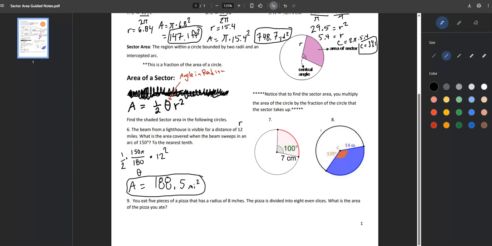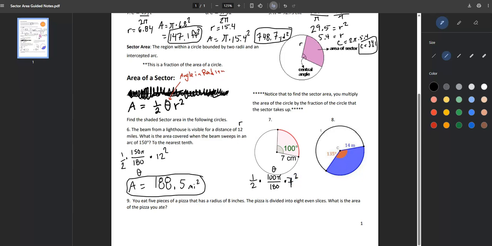Okay? All right, 7 and 8, they just give me the diagram. So I've got this 100 degrees and this radius of 7. So I go 1/2 times 100 pi over 180, because I have to convert this, so it's in radians, and then times 7 squared.